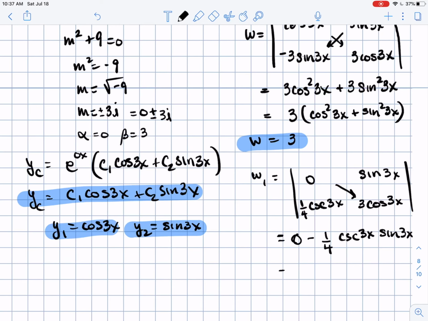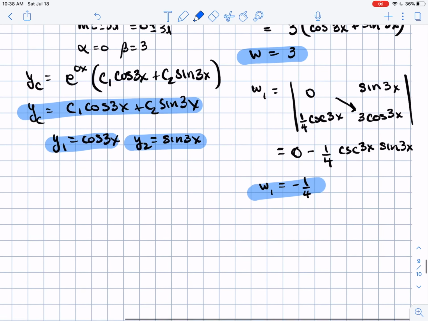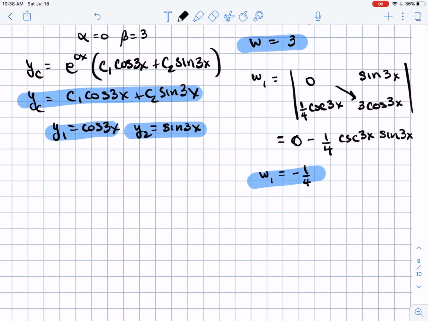But that just simplifies down to -1/4, because remember, these two are reciprocals of each other, so that becomes a 1. So we get that -1/4 for W sub 1.